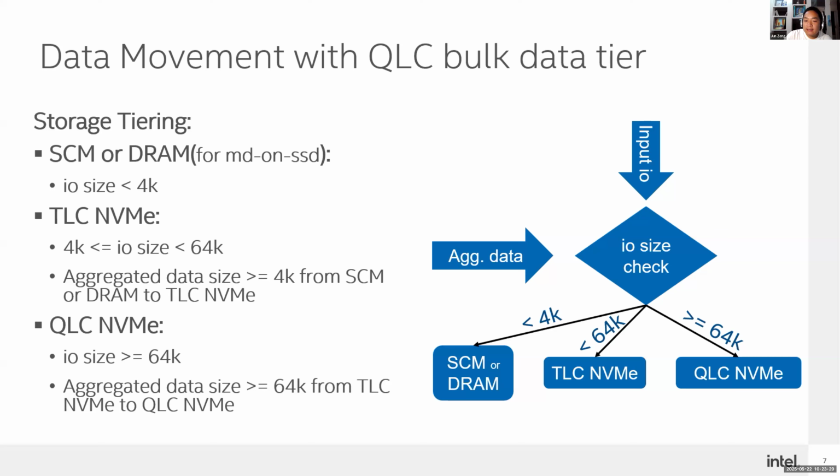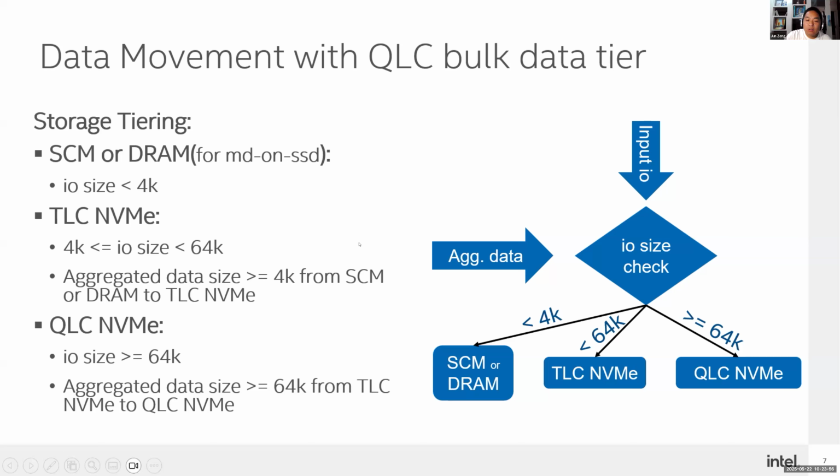If it's under 4K, then it will go to DRAM or SCM. If it's under 64K but larger than 4K, then it will go to the TLC NVMe tier first. And if it's larger than 64K, it will go to the QLC NVMe tier.